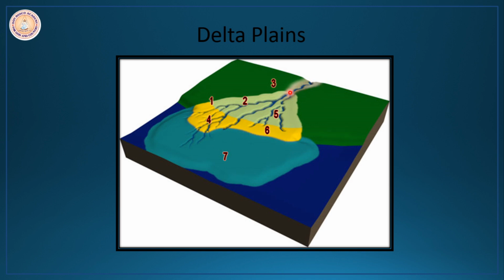So the river is now being channelized into several distributaries, and all these distributaries are forming a delta, that is a triangle shape feature, and they deposit all the material which they have brought in along their sides. Delta plains support agriculture and they are very fertile.